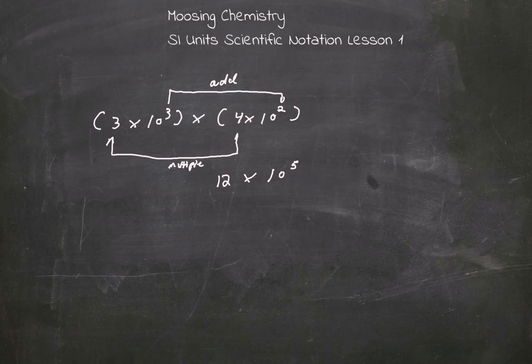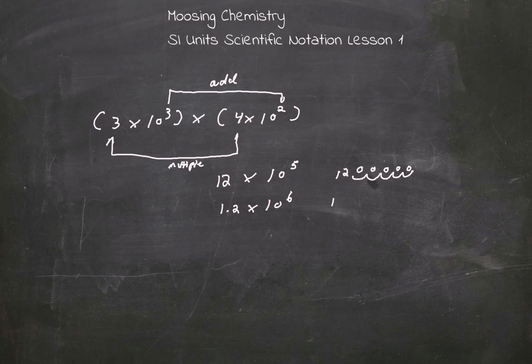So this gives me 12 times 10 to the fifth. However, this is not quite right. We want to make sure that we move the decimal this direction, so it's 1.2 times 10 to the 6. If it were set up like this, then we go 1, 2, 3, 4, 5, and you put zeros in there. That would give me basically 1,200,000.